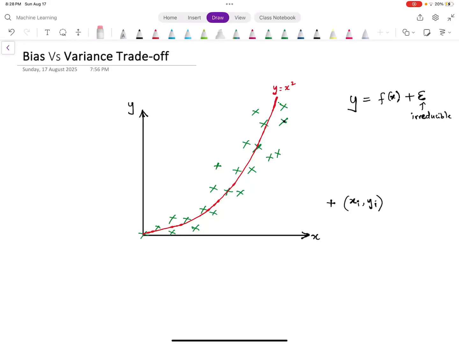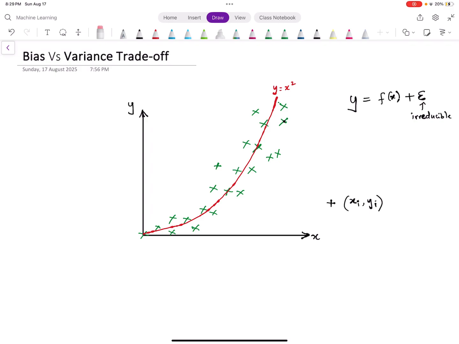The topic of discussion is the bias versus variance trade-off that is normally observed during model selection. So model selection is a process of fitting a best possible curve that is passing through the data when we are dealing with a linear regression problem, or could be finding a boundary that is separating two or more classes of samples.